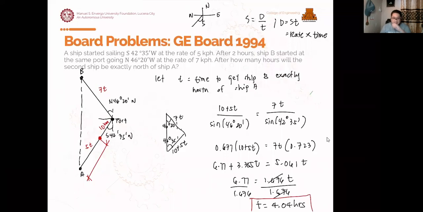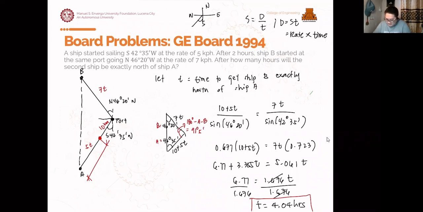Okay? But what if we try the cosine law. Okay? We took this. That angle we can get as 180 minus this angle. Let's call this A and this B. A minus B. So its value is minus 42 degrees 35 minutes. This is 91 degrees 5 minutes.